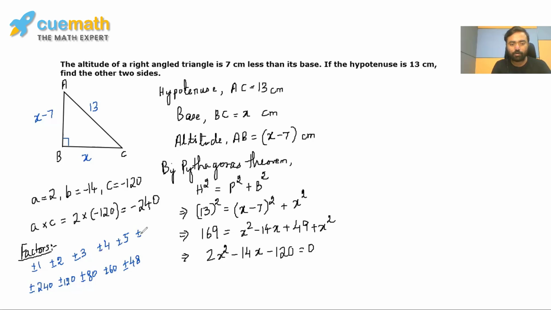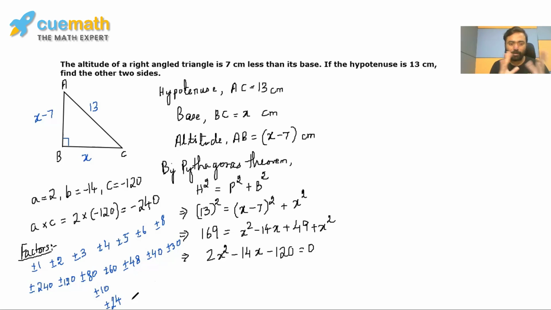Then we have plus minus 6 and plus minus 40, then plus minus 8 and plus minus 30. Then plus minus 10 and plus minus 24 would give us the product 240.